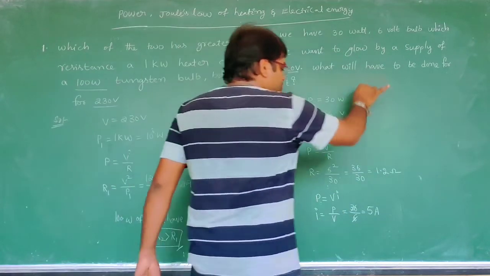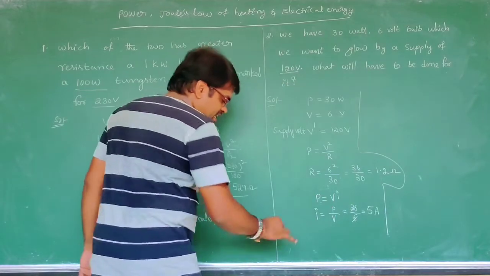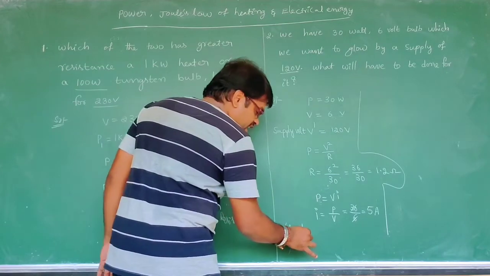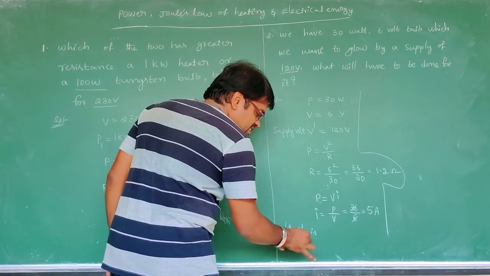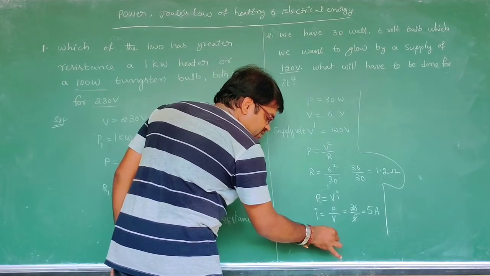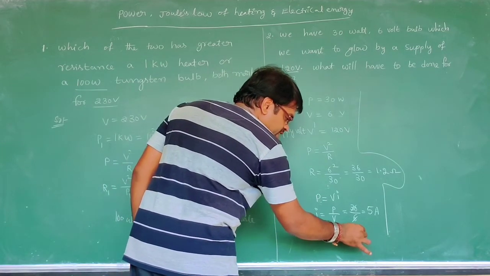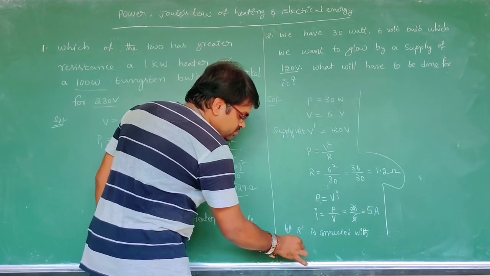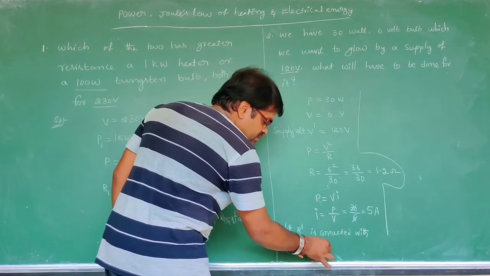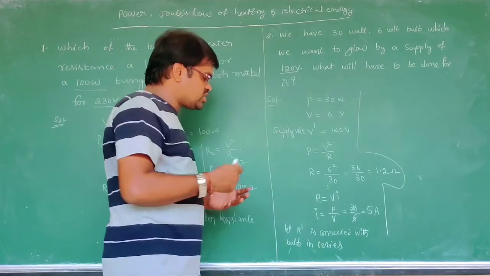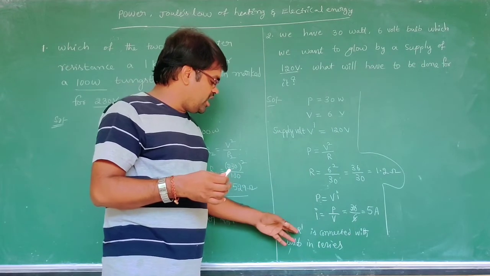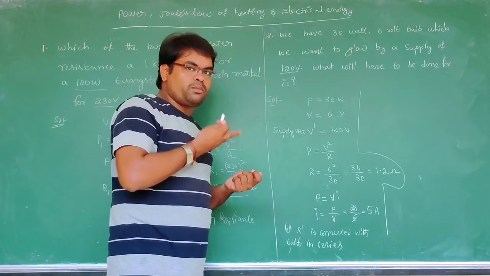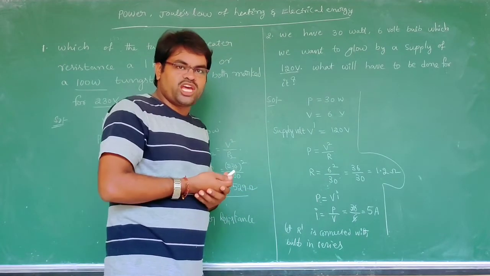Now let a resistance R dash be connected with the bulb in series. In the series combination, the current passing through the bulb and the resistance is the same.